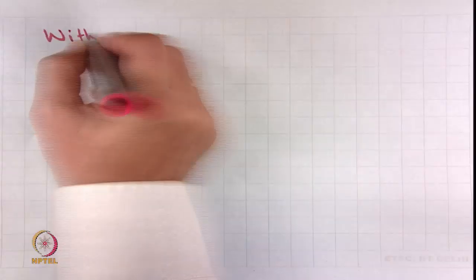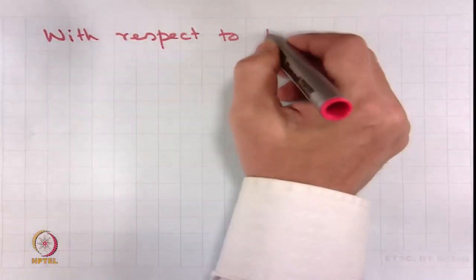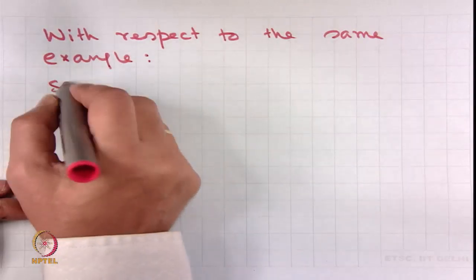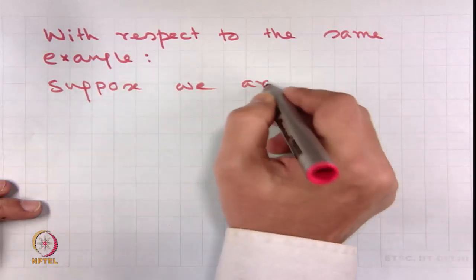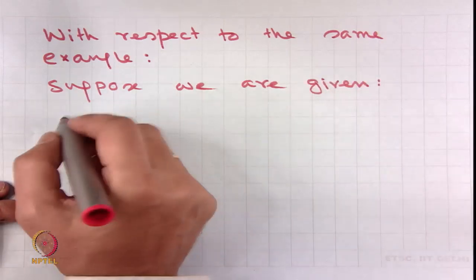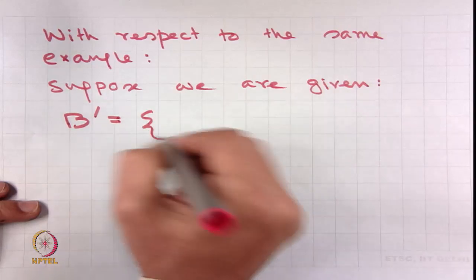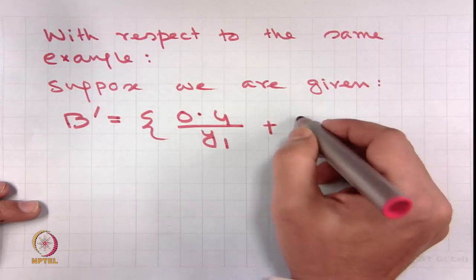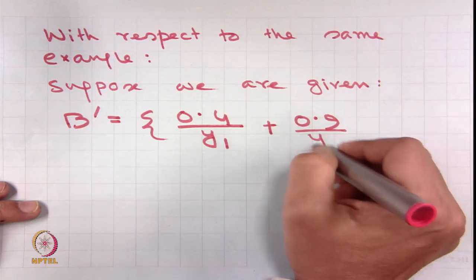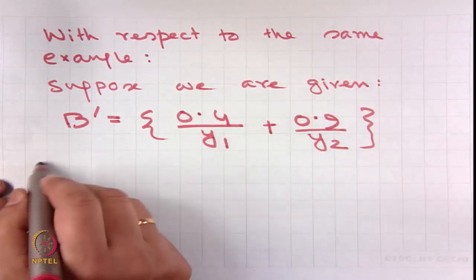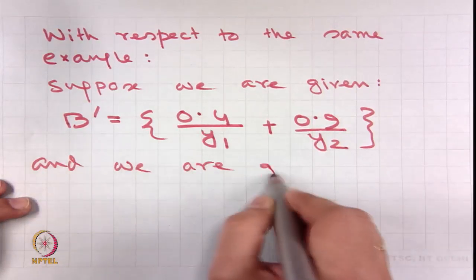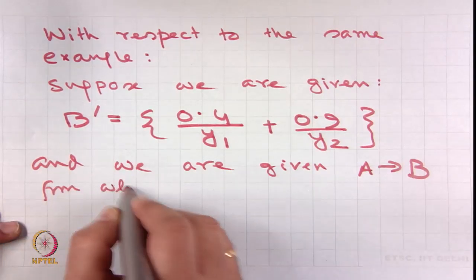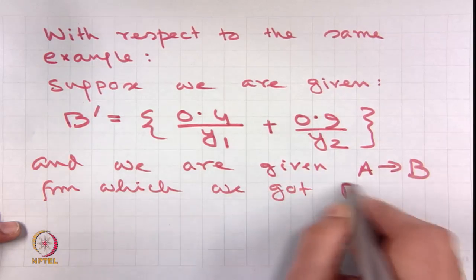So, with respect to the same example, suppose we are given B prime is equal to 0.4 for y 1 and 0.9 for y 2, and we are given A implies B, from which we got the R. What was that R?